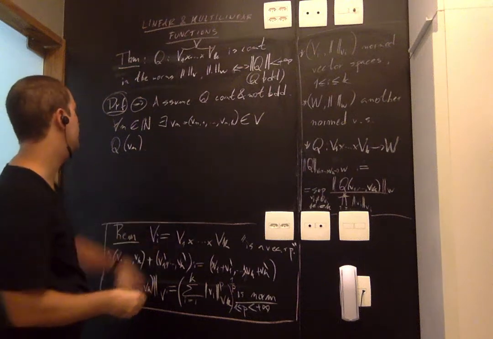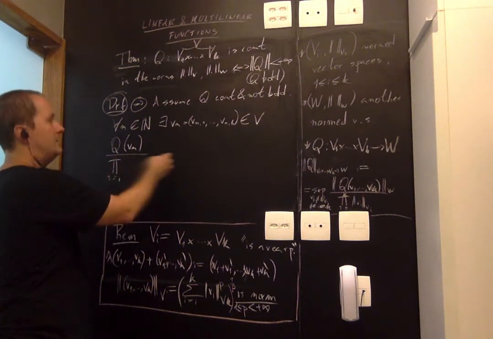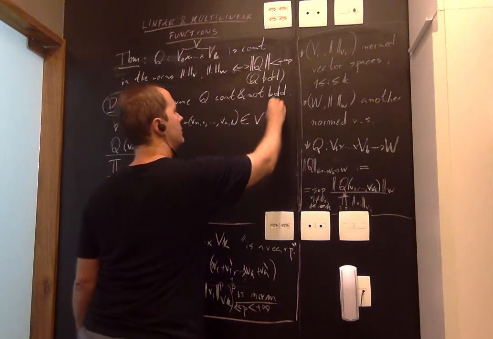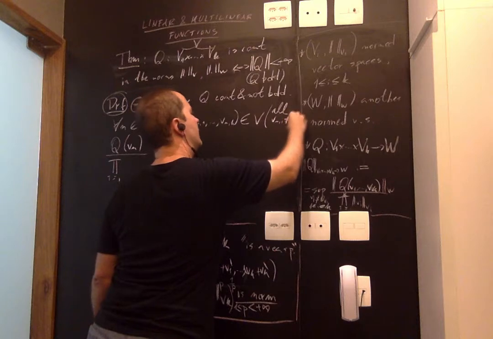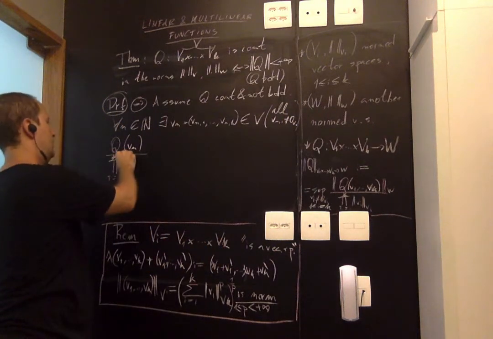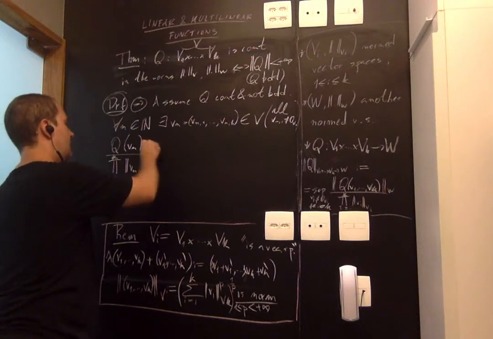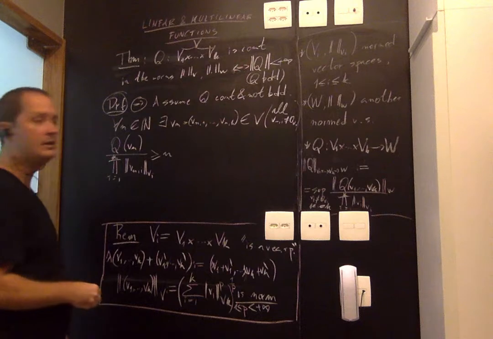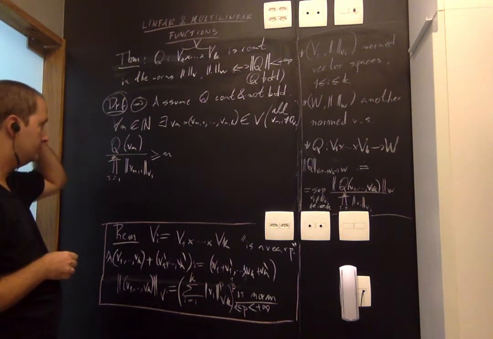So V sub n is just this k-tuple, and I divide, well, it's non-zero as well, so all coordinates V_i are different from 0, by the product of the norms of V sub n i, and this is all greater than or equal to n. Okay, what about that?